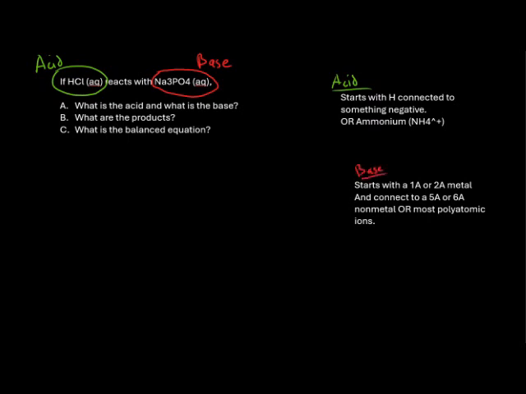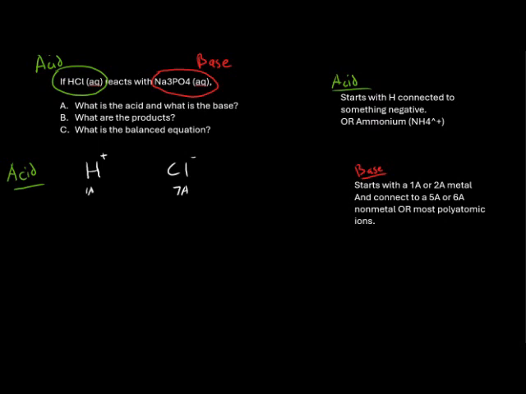Now, to predict the products, we will break the acid and the base into pieces. The acid pieces consist of H and Cl. We'll also remember to write the charges on the H and the Cl. Hydrogen is in group 1A and will have a charge of positive 1. Chlorine is in group 7A and will have a charge of negative 1.